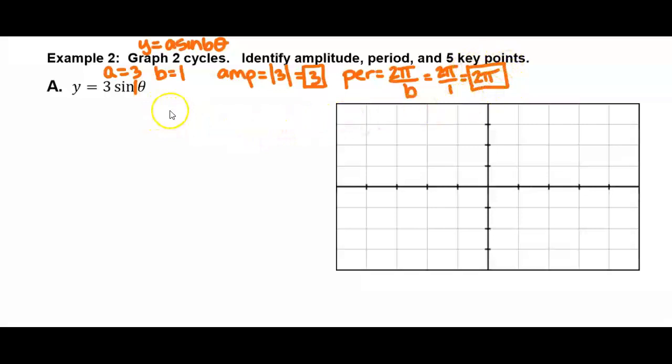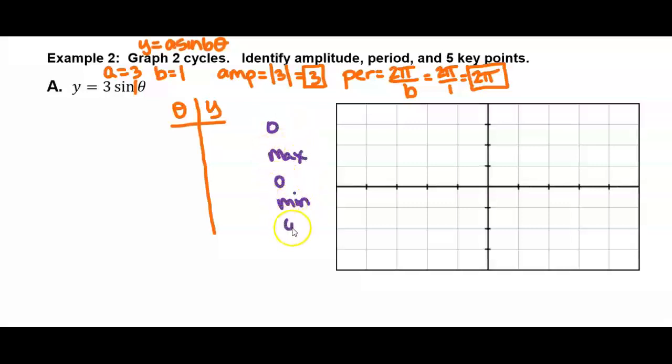All right, so we're going to look at our table here. So we have theta, which is our x, and we have y. So let's talk about the pattern of the y values. So we know that sine, the pattern is 0, max, 0, minimum, and back to 0. So the normal pattern is the hill and then the valley. So we start with a y value of 0.